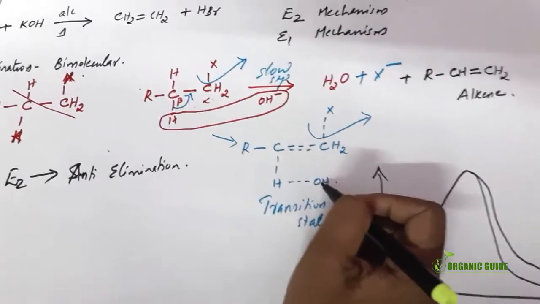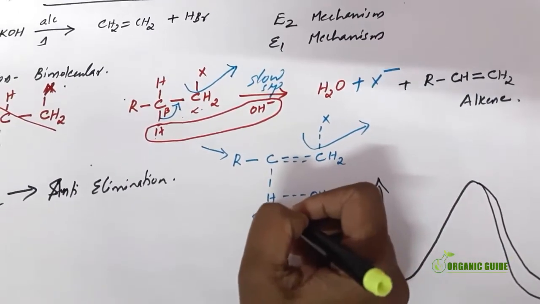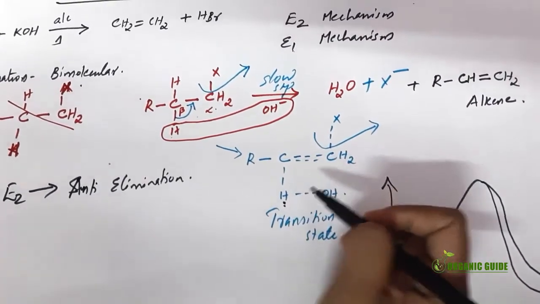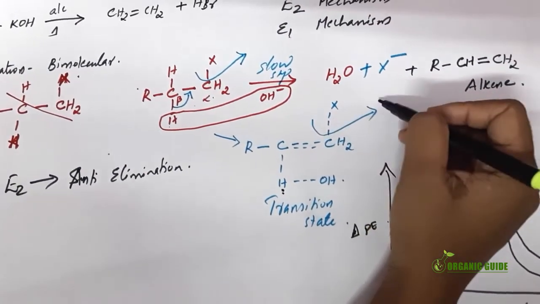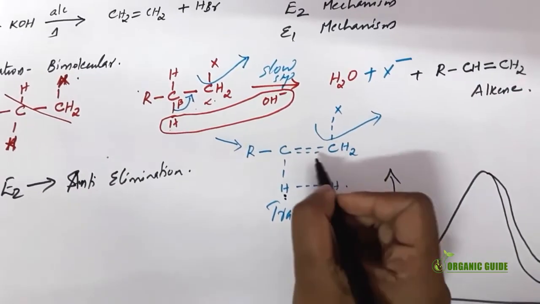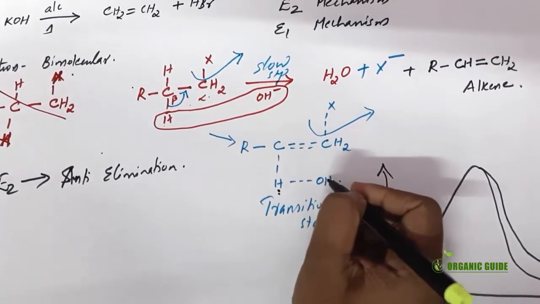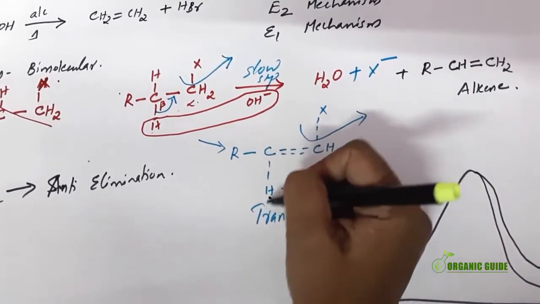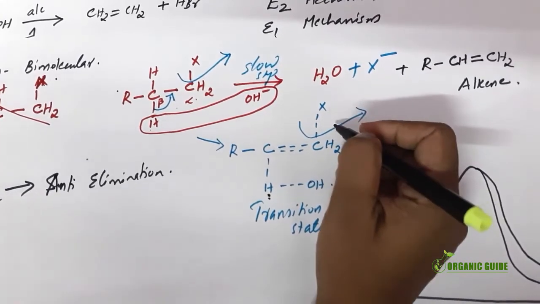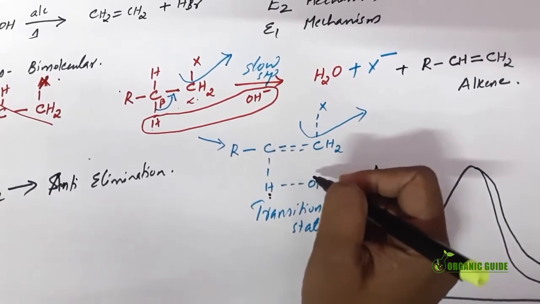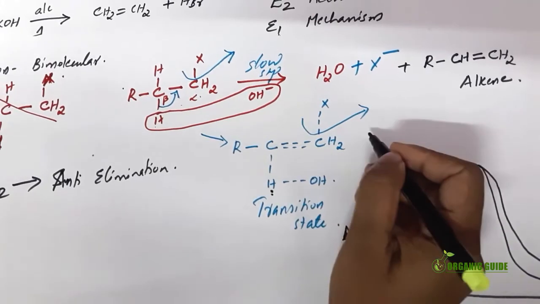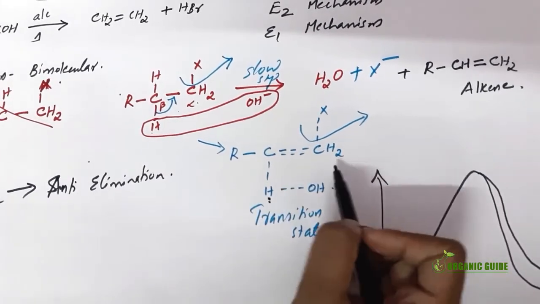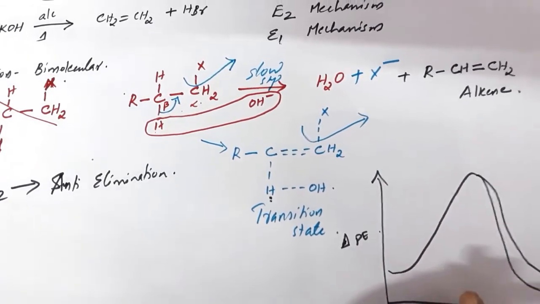This base will attack the hydrogen on a carbon atom from this side, and the halogen atom is eliminated from the opposite side. So this is the double bond. The elimination occurs always in the anti direction, that is from two opposite directions. It never occurs from the same direction. So this type of mechanism is also known as anti-elimination mechanism. E2 mechanisms are also known as anti-elimination reactions.